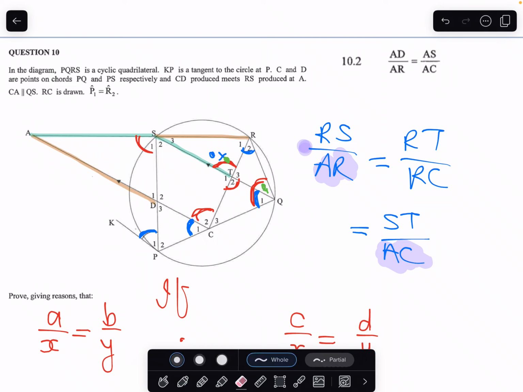I mean, using similar reasoning to what we did before, right? This angle is common, so it's in this triangle, and it's also on this straight line. So this angle must be equal to that angle.